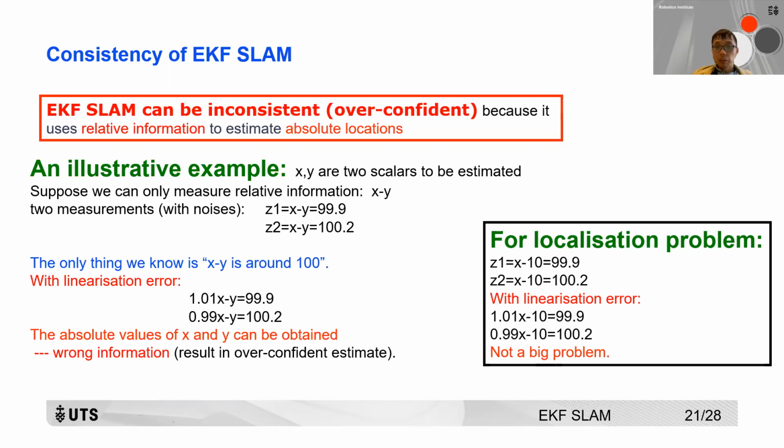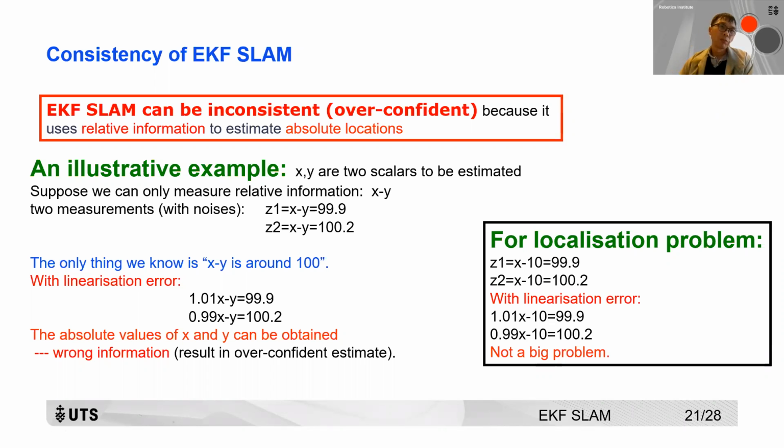These two equations still tell us x is close to 110, so 110 minus 10 is 100. So it's not a big problem. There's no wrong information there. There's some noise, of course, but you don't have inconsistency.